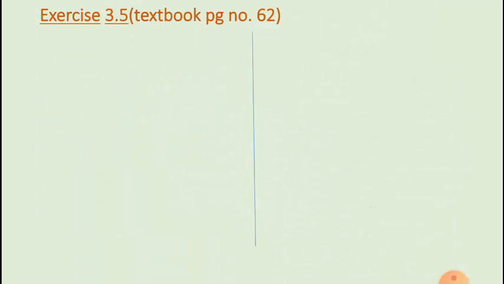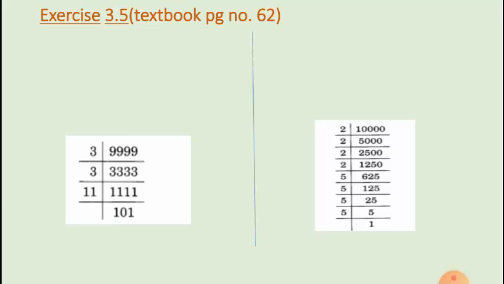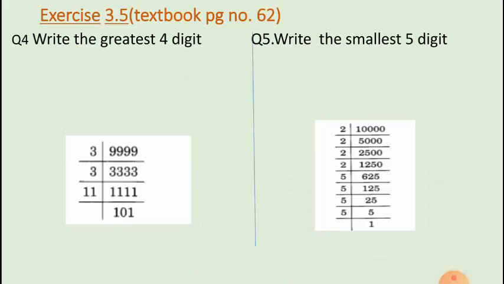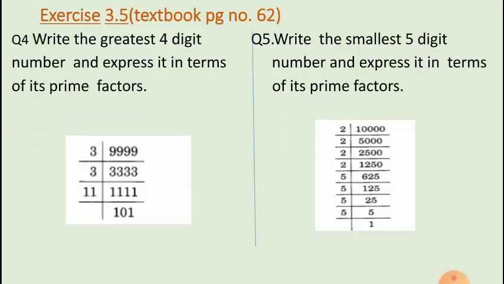Now let us come to the exercise question given in textbook page number 62. So here comes the first question, that is our question number 4 from the textbook page number 62 of exercise 3.5. So in question number 4 we need to write the greatest 4-digit number and then we need to express it in terms of its prime factors.